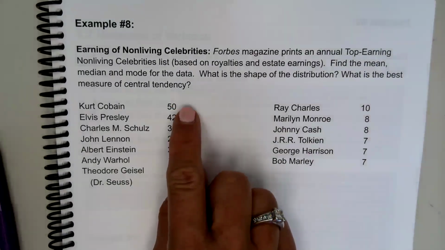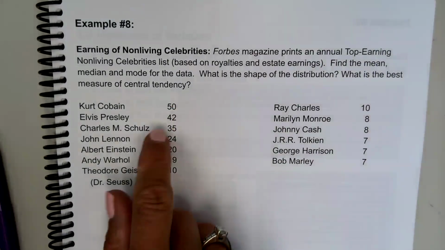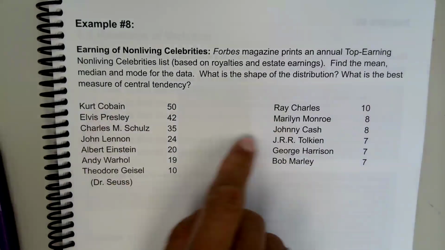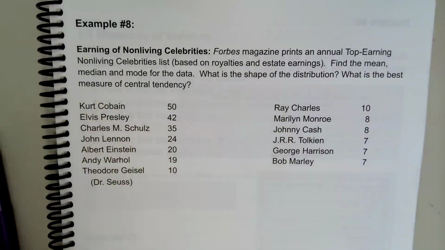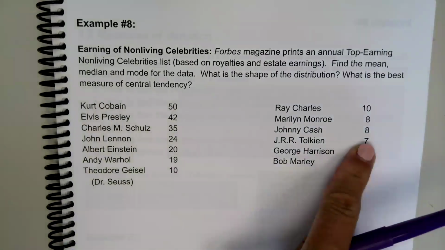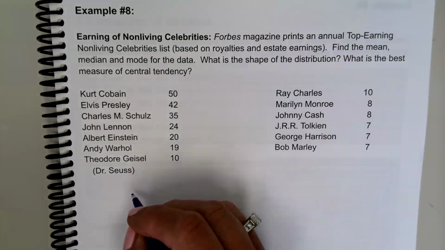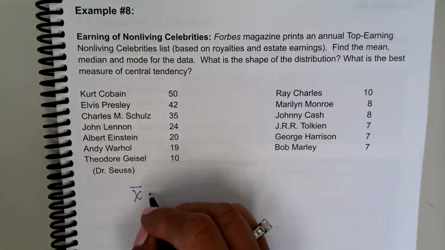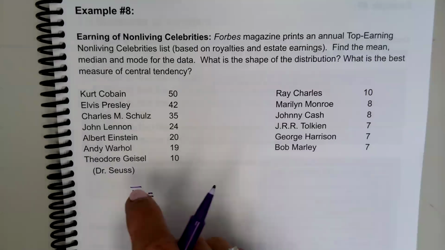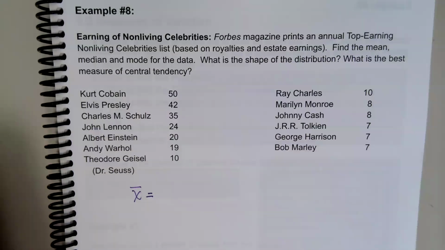Kurt Cobain, 50. Okay, so we have the list here, the Forbes list, and I put these into Desmos and said find the mean, median, and mode. So the mean, x bar, I come up with 19.